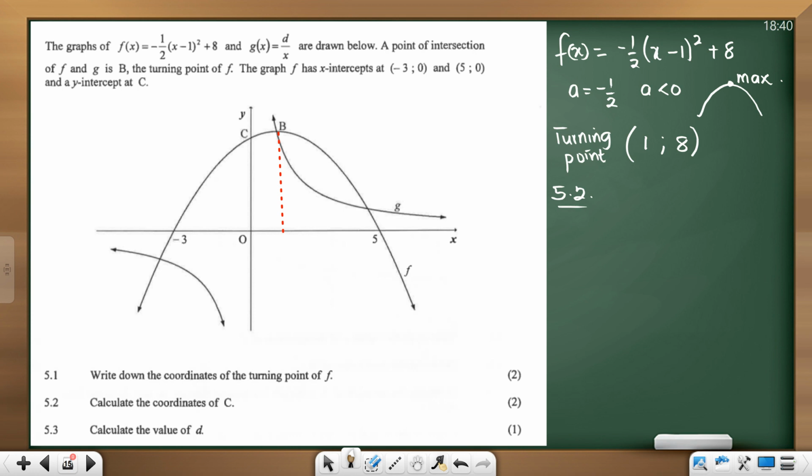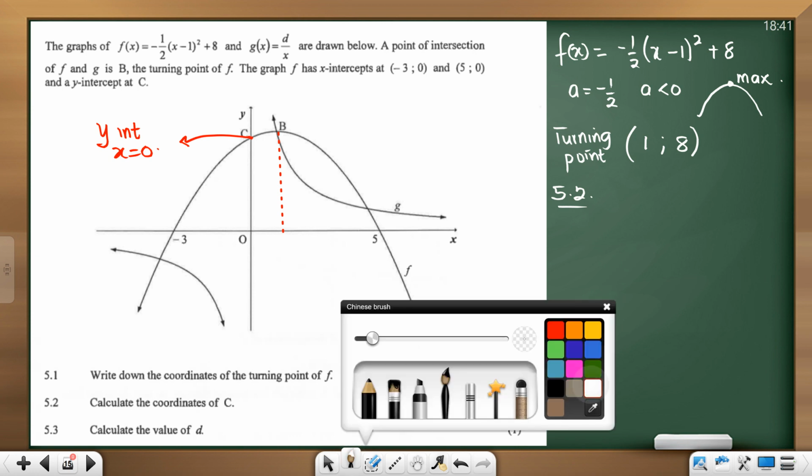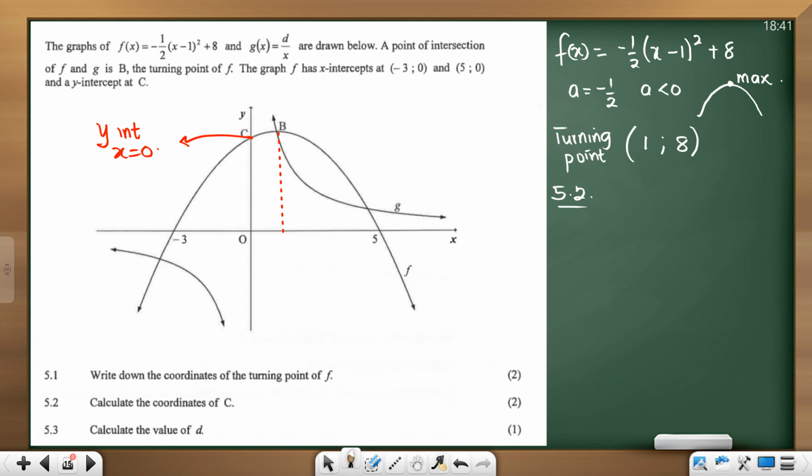Coordinate of C. Look at C. Write point C for me. What do you know at the y-intercept? X should be equal to what? So, can we solve that quickly? Very fast.